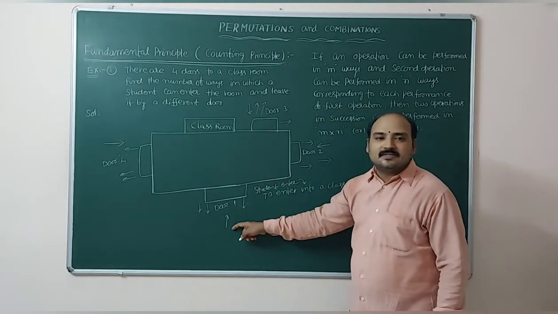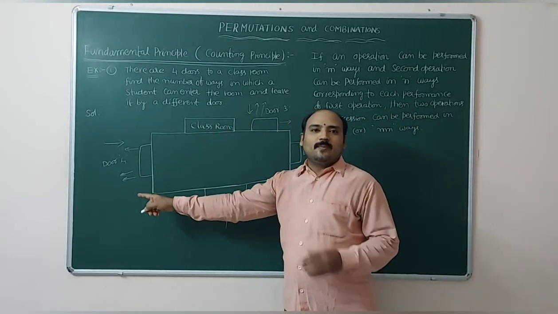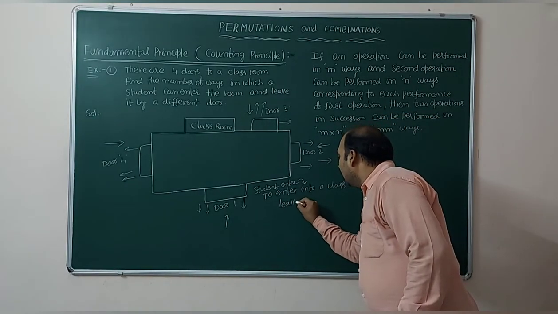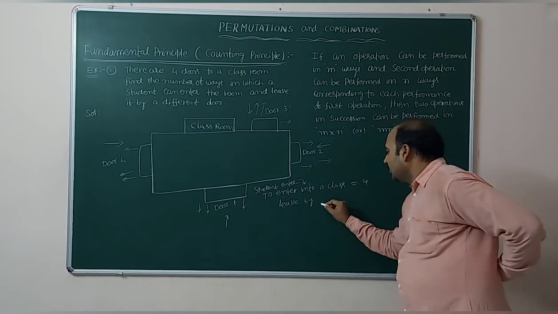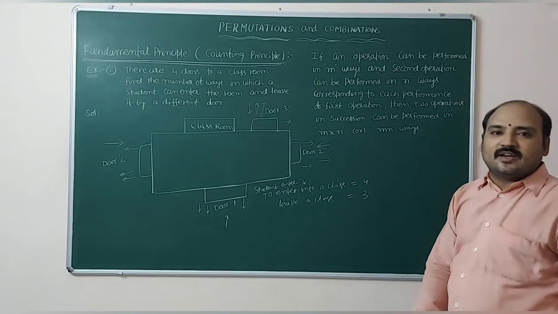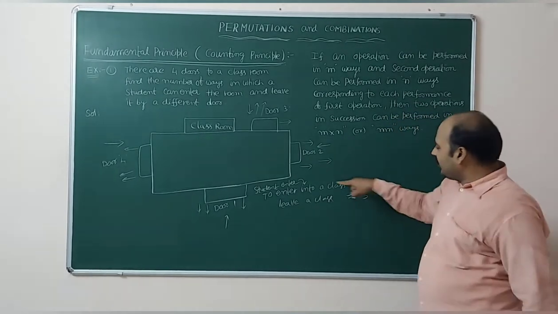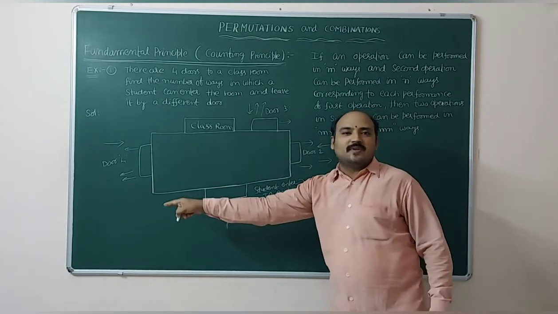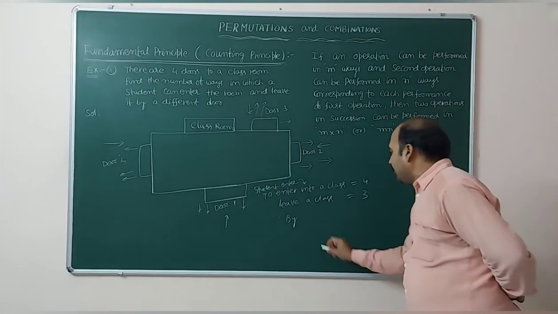Suppose the student enters through the first door, the remaining 3 doors are for leaving. How many ways are there to leave the classroom? 3 ways are there. By the counting principle, one after another, it will be successive. After entering through the first door, the 3 operations will be there.